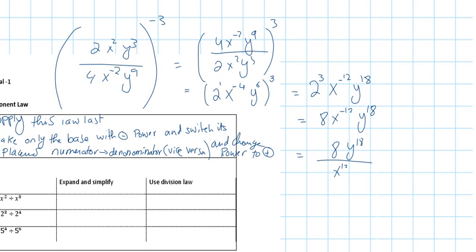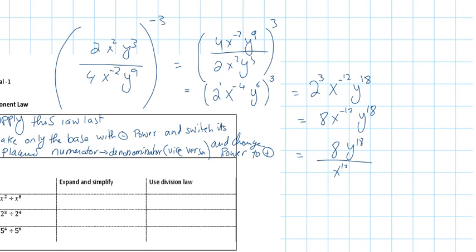Okay? So, I'm going to recap the steps that I've taken here. The first step I took is because my outside exponent is negative, I want to just make it positive because then it's easier for me to multiply that 3 in. So I flip my numerator and denominator, and I made my exponent positive 3. Is that a good step for you? Do you understand that part?